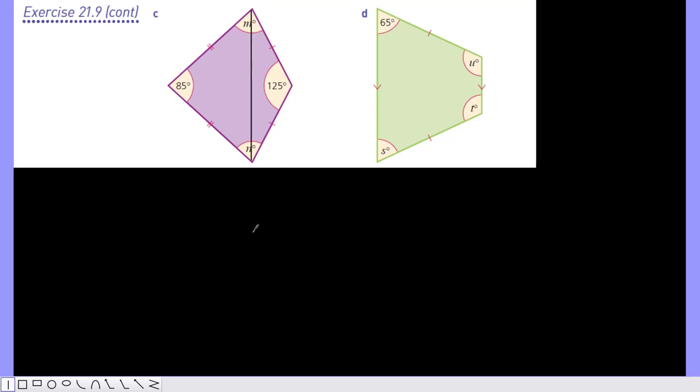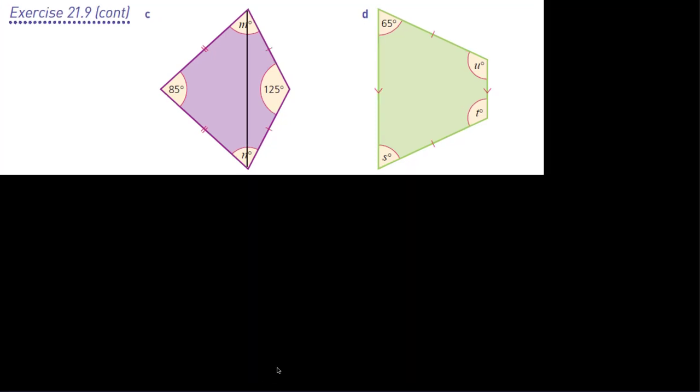If I draw the diagonal, I will get two isosceles triangles, which means that if I say this is x, this is also x. If I say this is y, this is also y. Which means m is equal to x plus y, which means n is equal to x plus y. So from these two we can get m is equal to n.